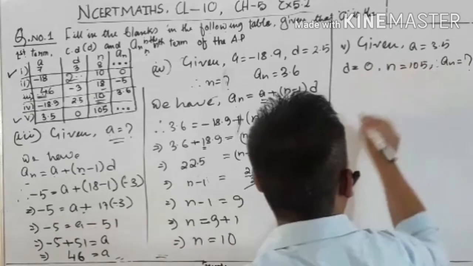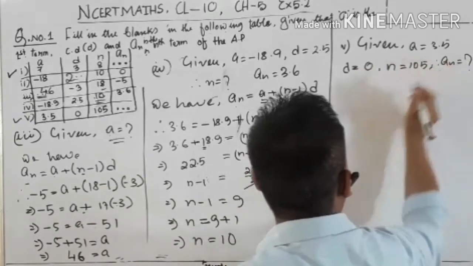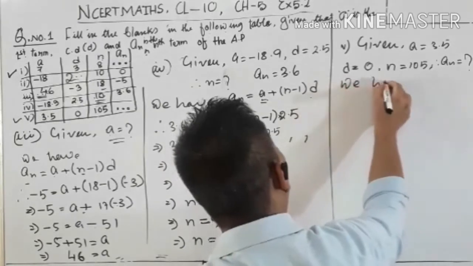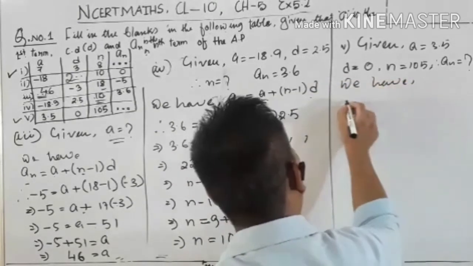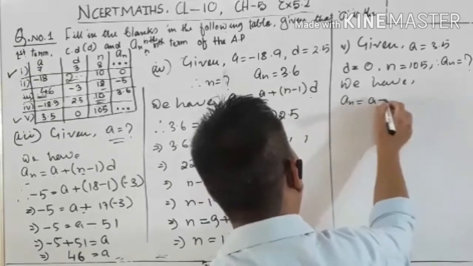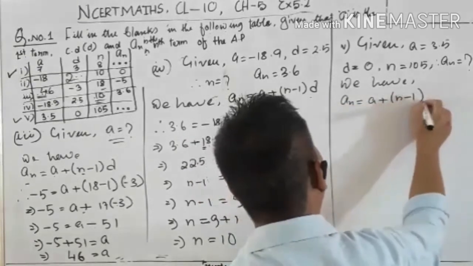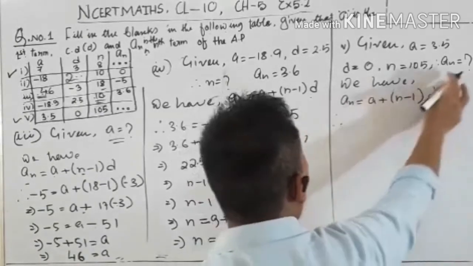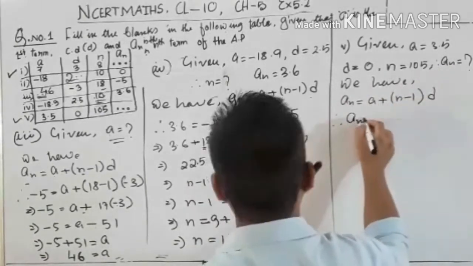By the same formula, the nth term is given by a_n equals a plus (n minus 1) times d. We have to find a_n.